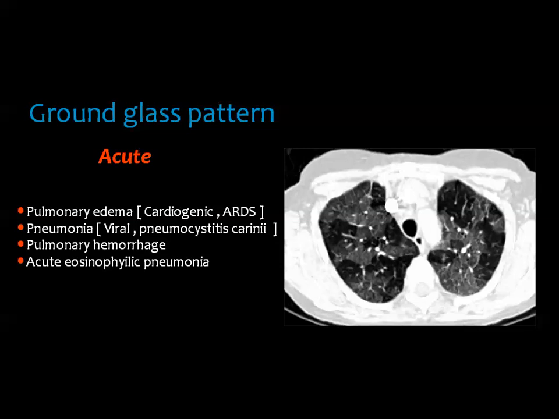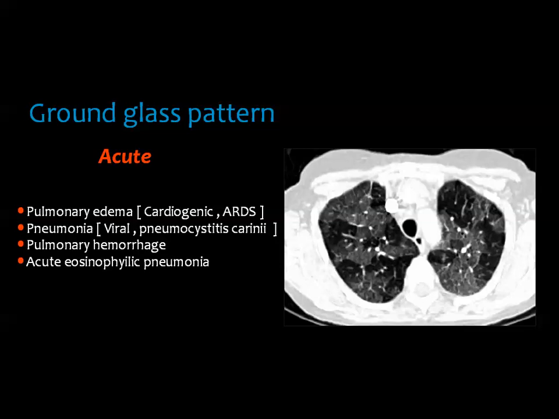recently, we have a differential diagnosis for the ground glass pattern if it is present alone in the lung, not associated with any other findings like traction bronchiectasis, honeycombing, and so on. Then, considering the history of the patient and the appearance of the opacities, we have two major types of ground glass pattern.